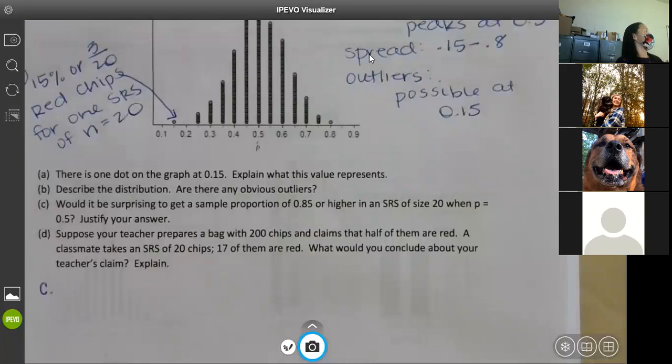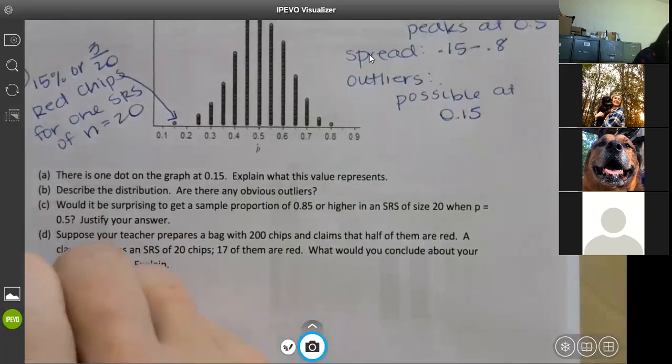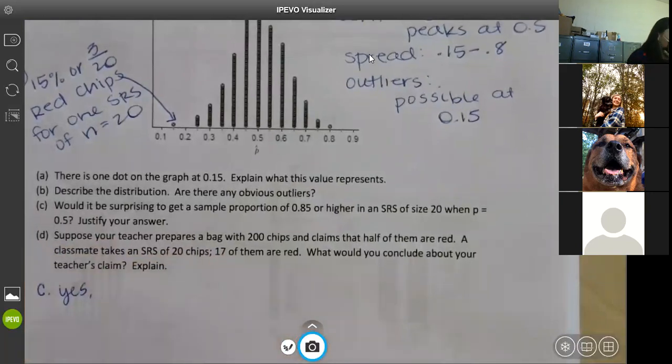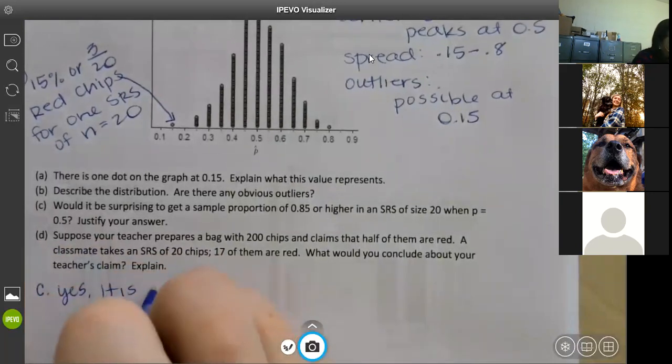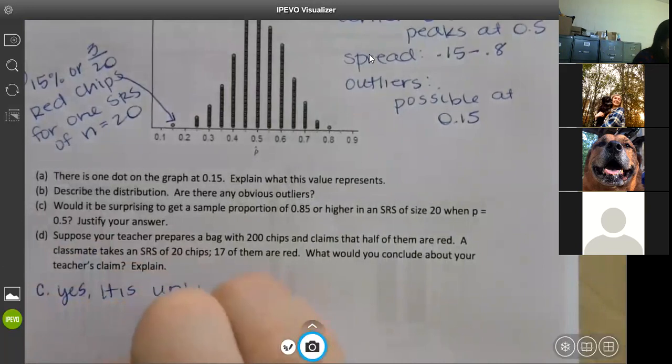We're going to do it just like 25, but this one is 500, right? We did this 500 times. In 500 times, did we get a 0.85 or higher? So would it be surprising to get a sample proportion of 0.85 or higher? And then why?